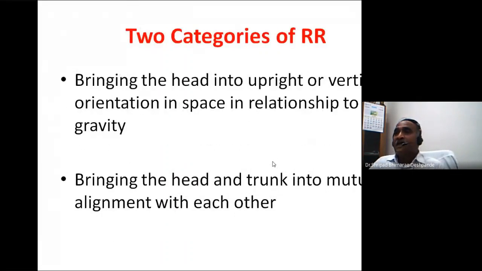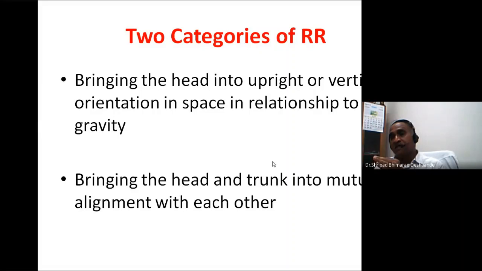Now, there are two categories of righting reflexes. One is to bring the head upright or make it vertical in orientation in space in relation to gravity. It's not only to bring the head upright. This upright posture is to be aligned with the trunk position.